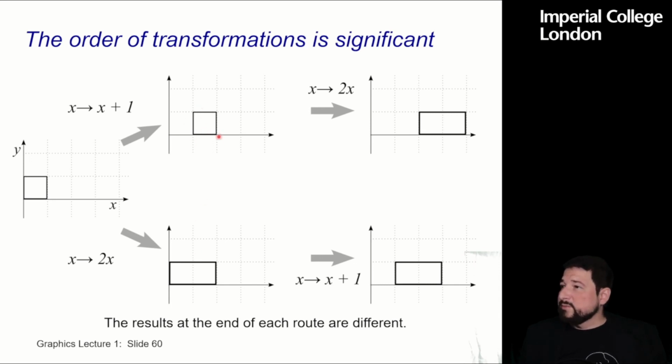So the box moved first and then scaled relative to the origin, so I end up with something ending up here at 4, while if I scale first, I only scale to this point here, and then I end up, if I move by 1, at a different location. So these results are vastly different. This is probably the key error source when doing graphics programming. Not being aware of your transformation matrices, not having worked out the correct order of transformations done.